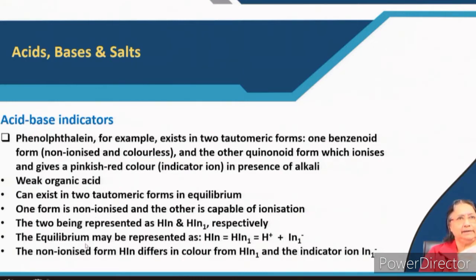These are all the characteristics, and I am talking about phenolphthalein now. The non-ionized form HIN differs in color from HIN1. Okay. So, the color of this one and this one is different, and obviously this is the color of the ionized form. And the indicator ion, so the color of HIN is different from that of the IN1 minus.